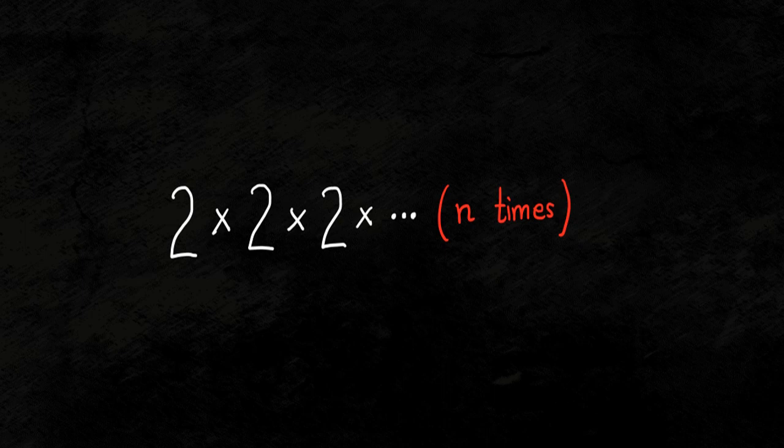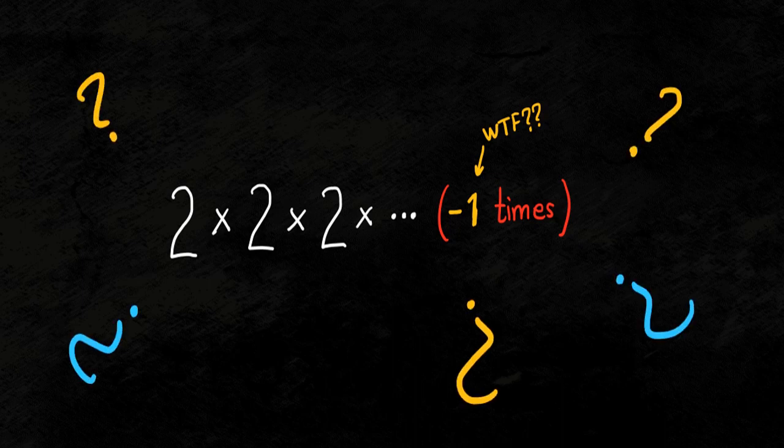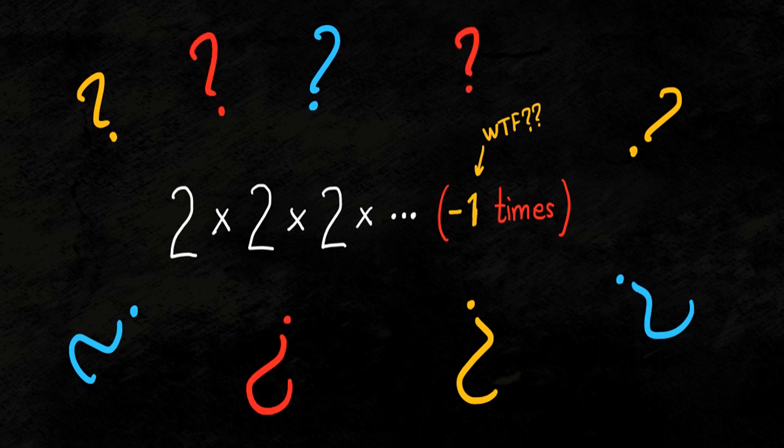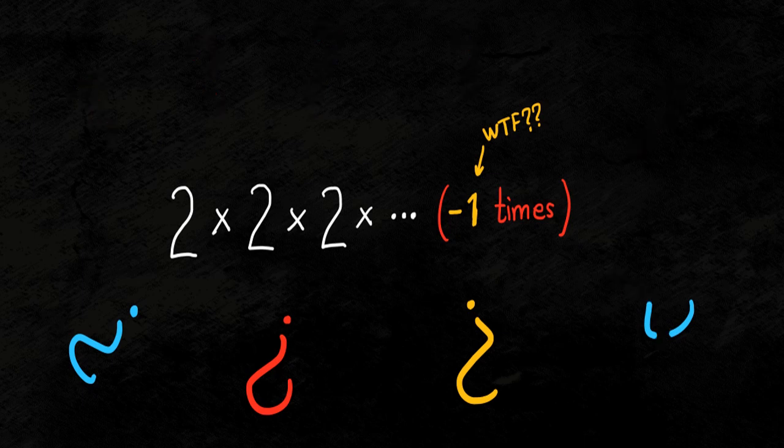Just 2 times 2 times 2 times 2 times 2 up to n times. But this does not make sense if n is a negative number or even 0. I mean, what even is multiplying 2 for, let's say, -1 times? It does not make sense.